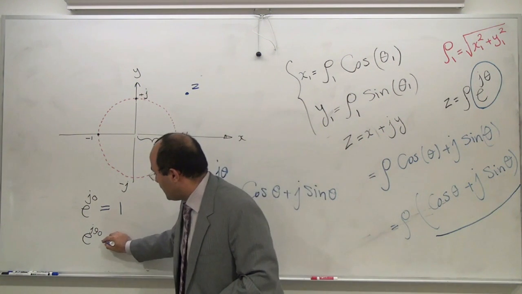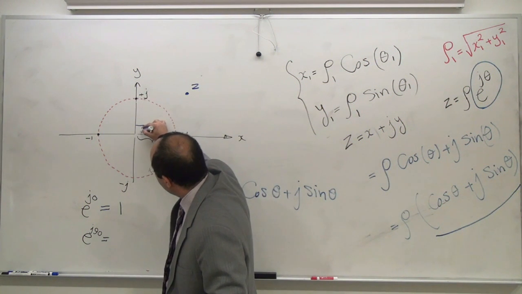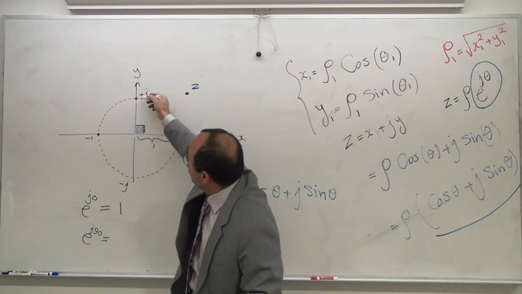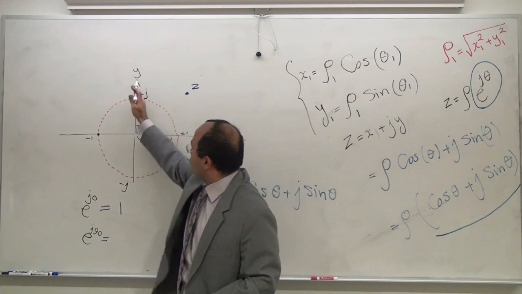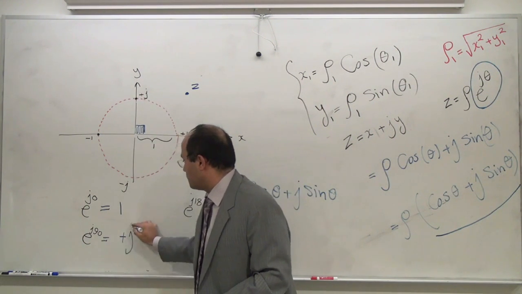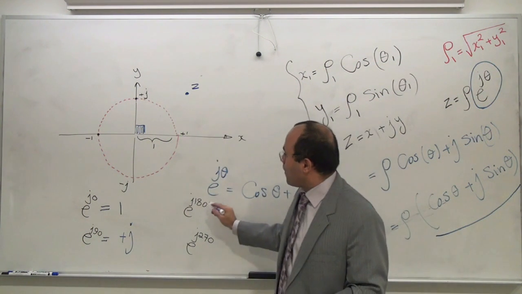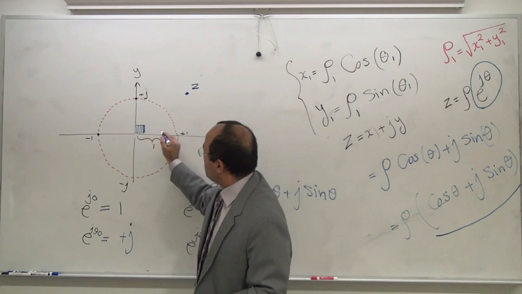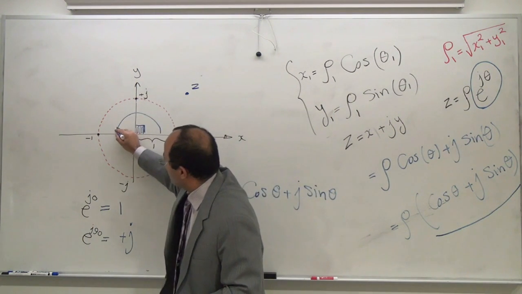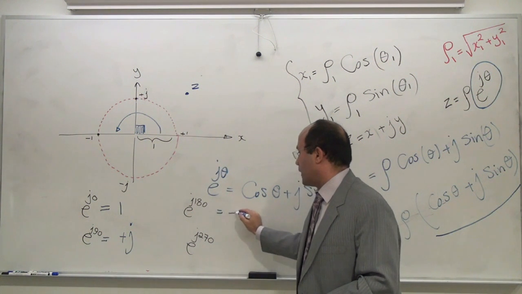When I say e to the power of j90, this is 90 degrees, this is going to be plus j. When I say e to the power of j180, 180 is actually this much. That's going to be minus 1.